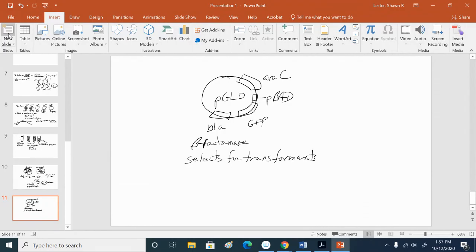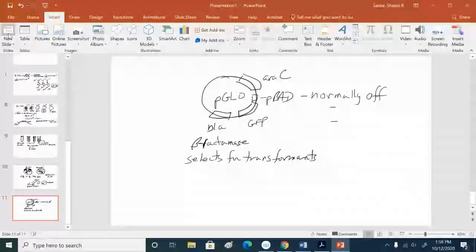Is PBAD normally on or off? Off, right? It needs 2 things to get turned on. What are those 2 things?